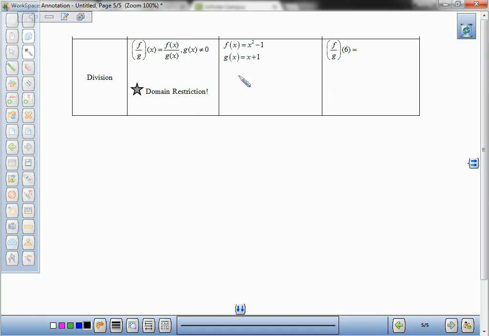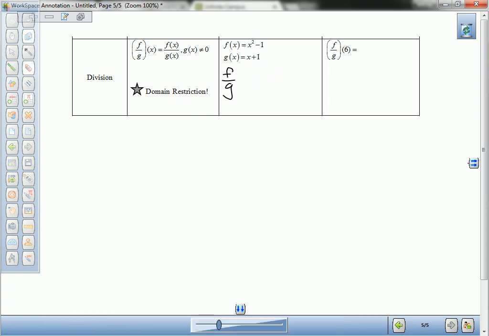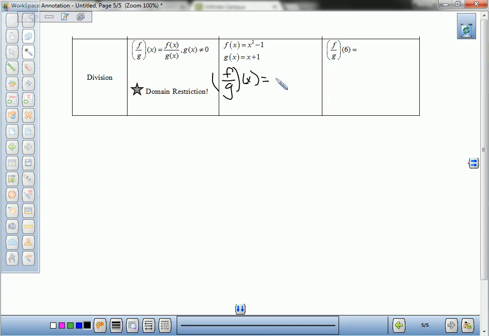And so let's take a look at this first one. So if we write it as a quotient, now, many times when we write it as a quotient, we're done. There's nothing else we can do.